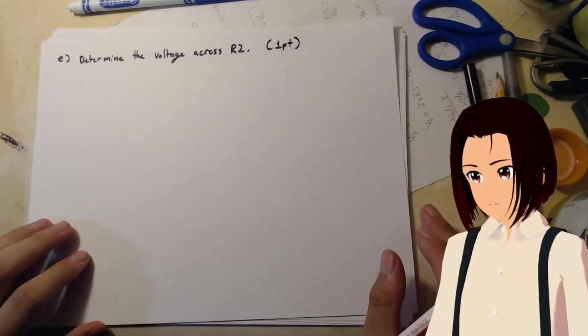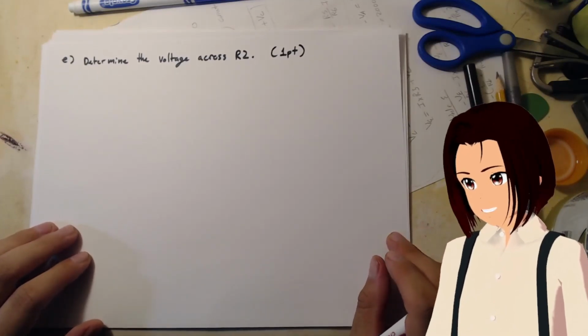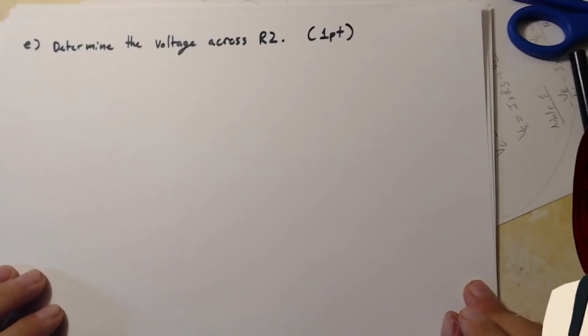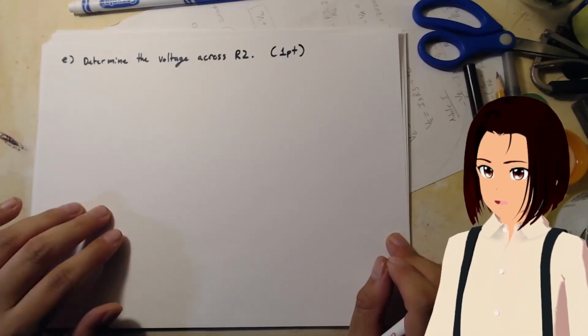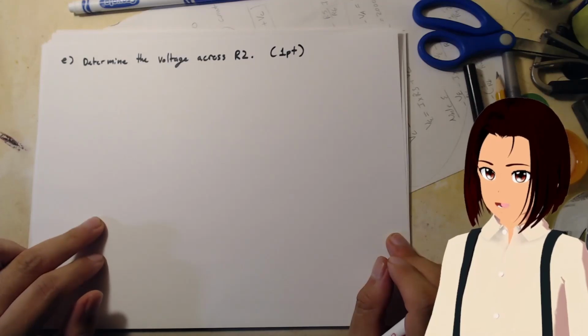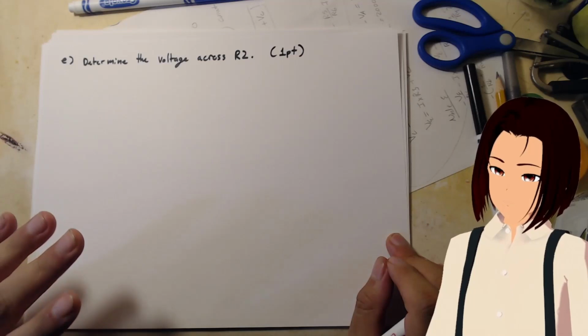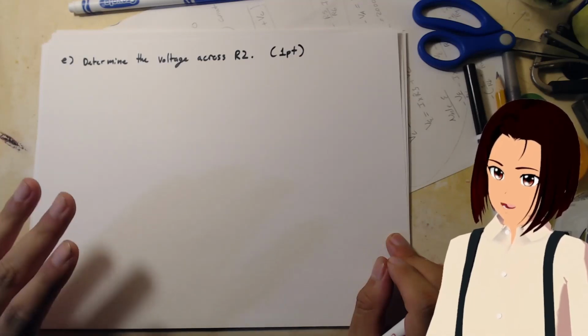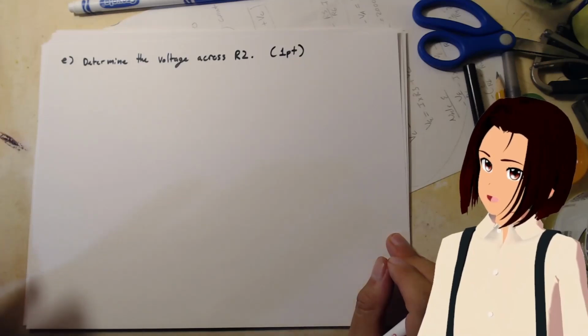Nice. So the last part of the question is part E. It says, determine the voltage across R2, worth 1 point. To solve this, we have to actually solve the node equations that we created. And you can see the problem there.